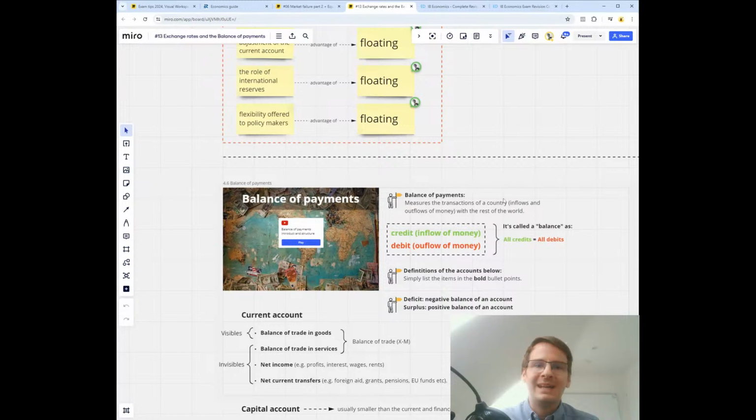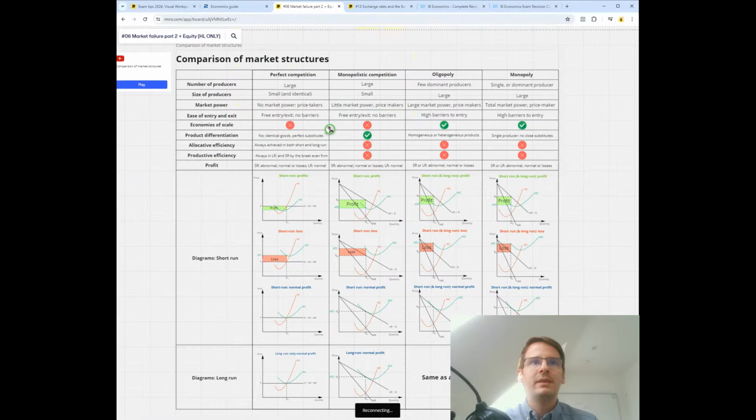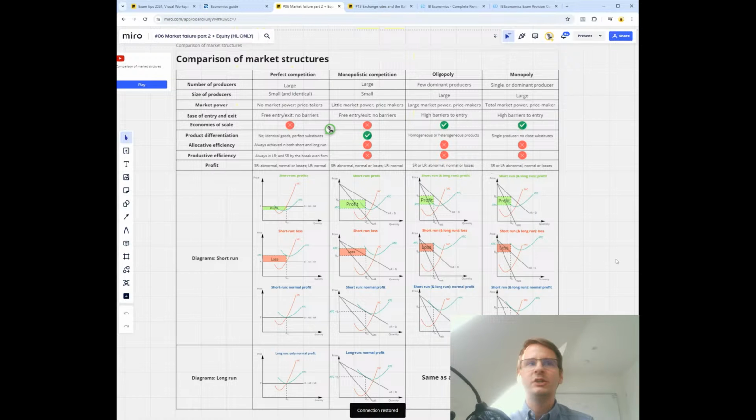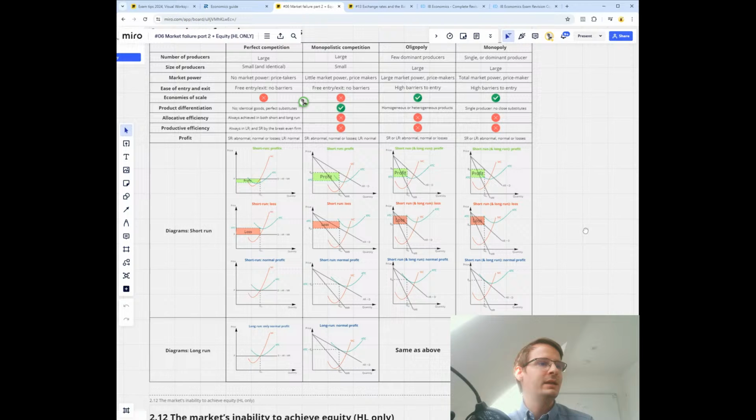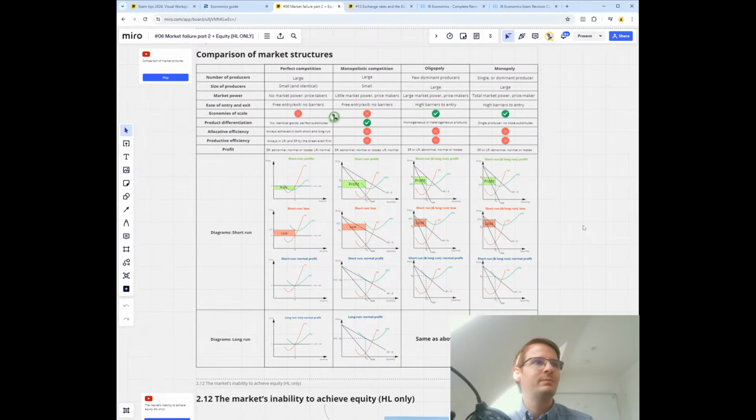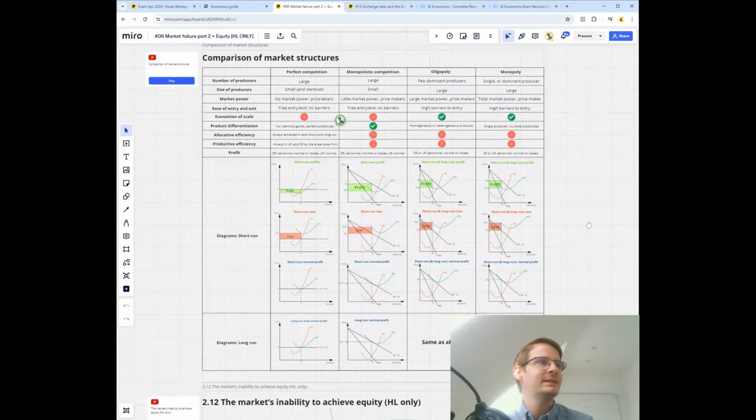Also, one more thing that I think you will like. I got lots of questions about the theory of the firm. Look at this. Feel free to take a screenshot. I'll try and put this up, maybe I'll just zoom out a bit. I'm not sure how much you can see. Feel free to take a screenshot of this.